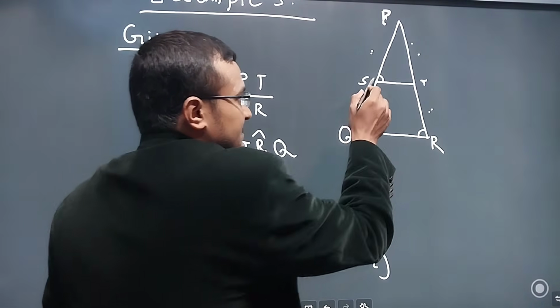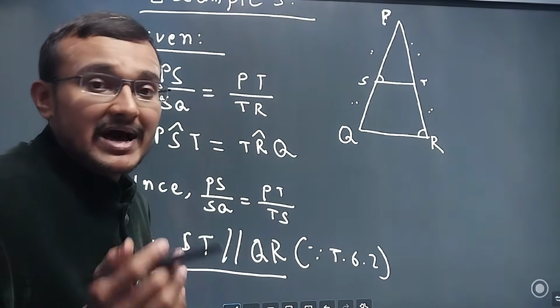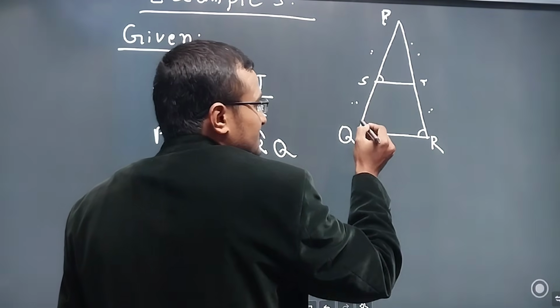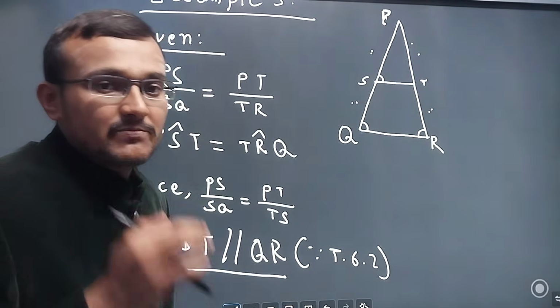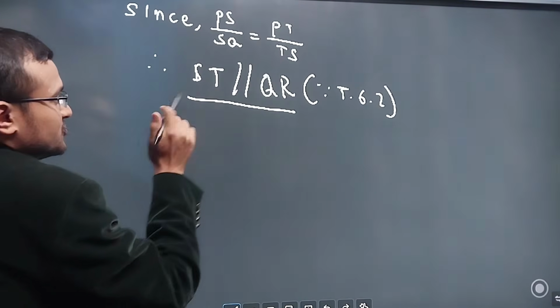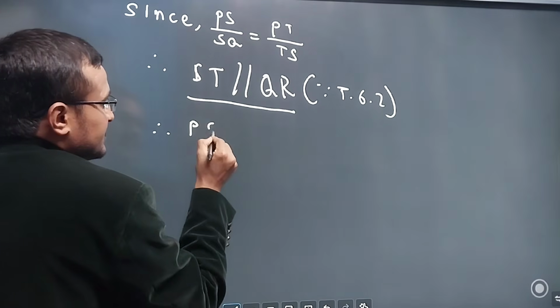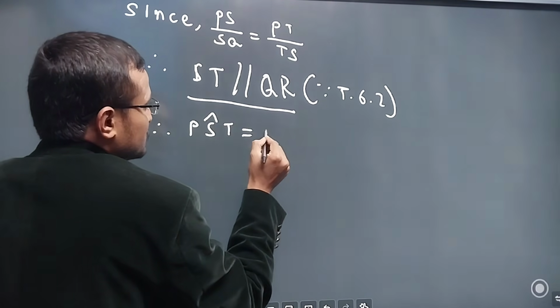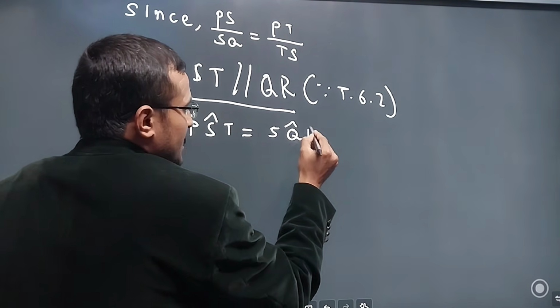Since ST and QR are parallel to each other, this angle will be equal to this angle also because of the corresponding angle theorem. ST is parallel to QR, therefore angle PST is equal to angle SQR.